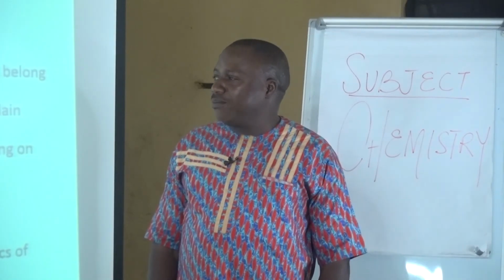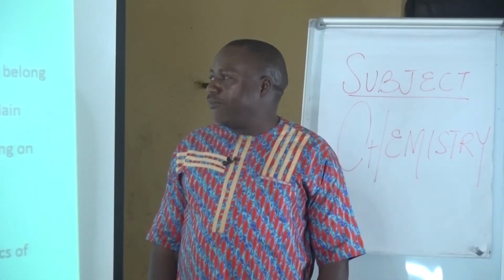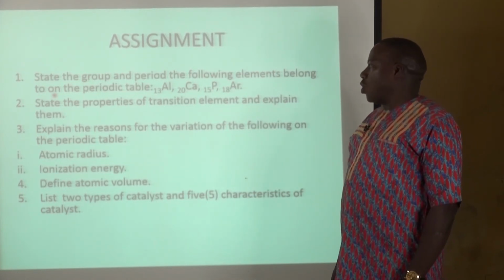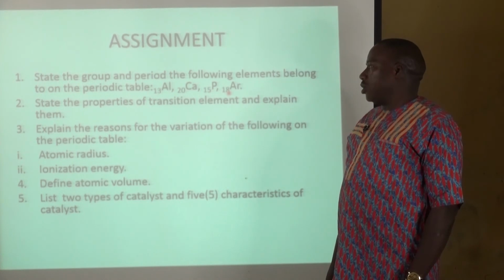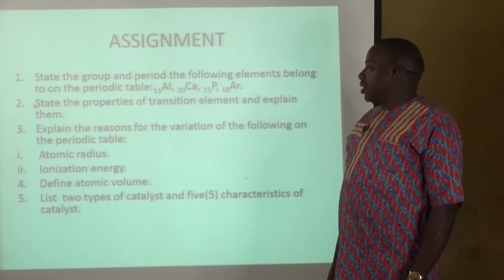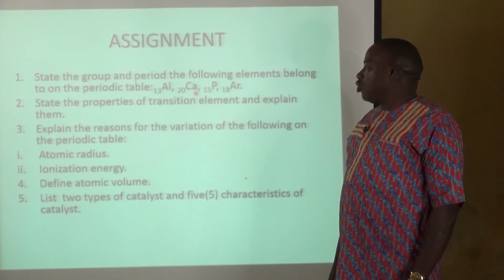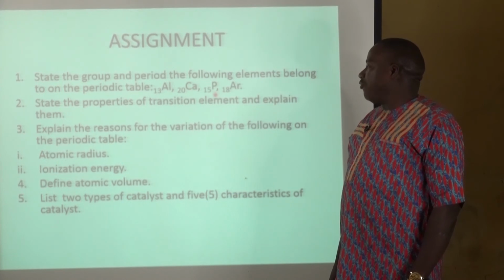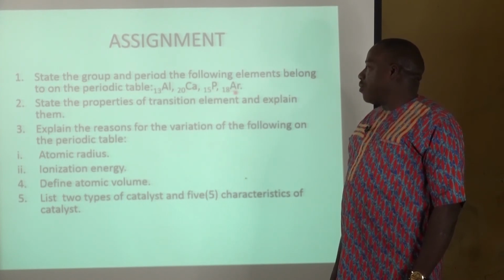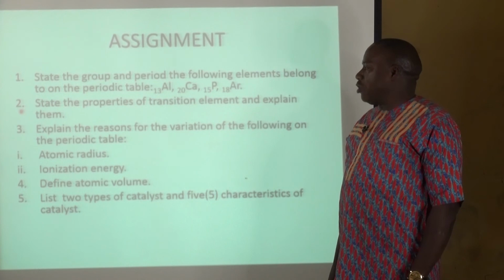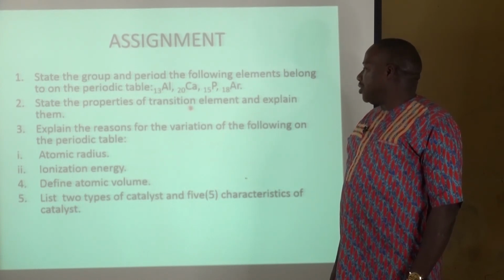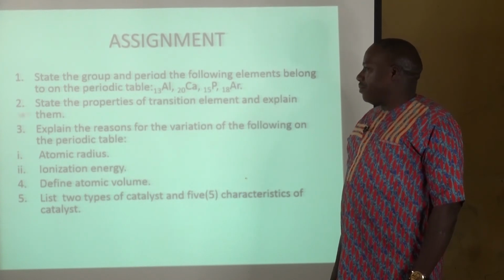Again, question number 1, state the group and the period the following elements belong to on the periodic table. The first element there is aluminium with atomic number 13, calcium with atomic number 20, phosphorus with atomic number 15, and argon with atomic number 18. The second question, state the properties of transition elements and explain them.